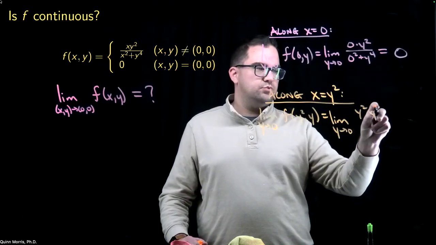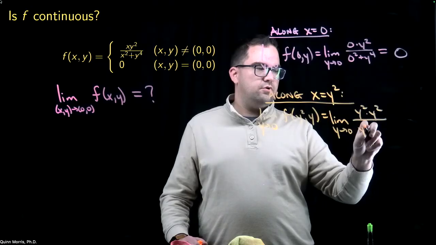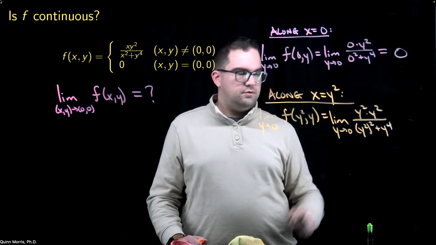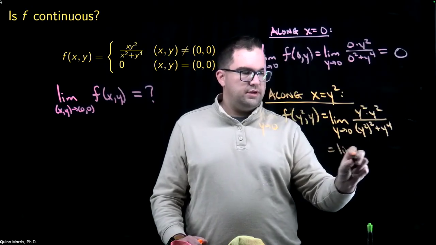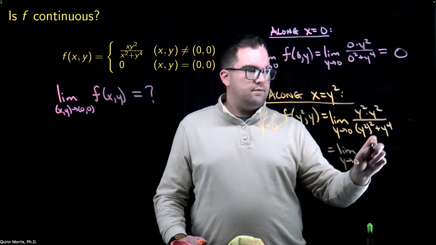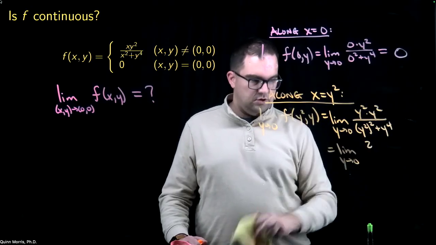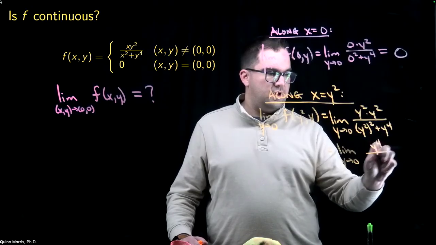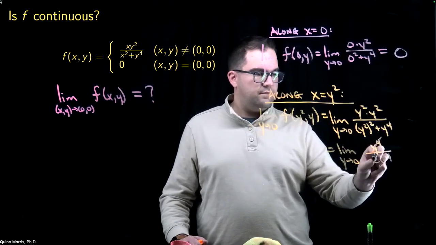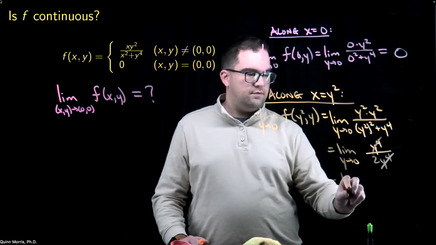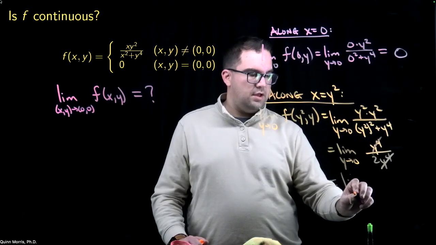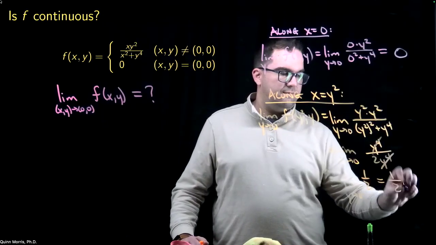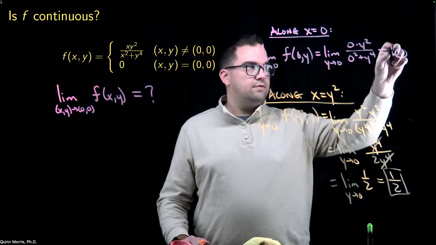So it's y squared times y squared over y squared squared plus y to the fourth. Well, a little bit of algebra gives me that this is y to the fourth divided by 2y to the fourth. The limit as y goes to 0 of 1/2 is simply 1/2.